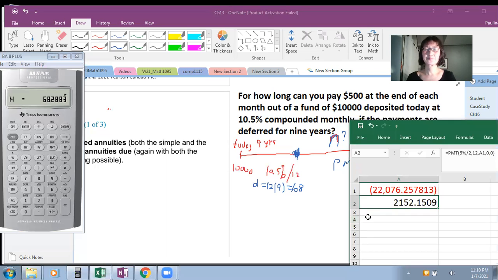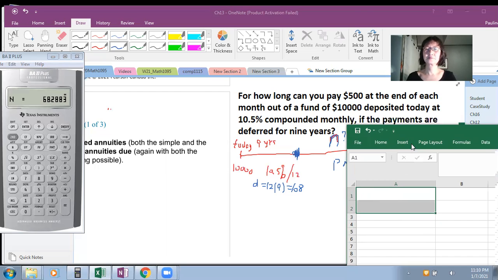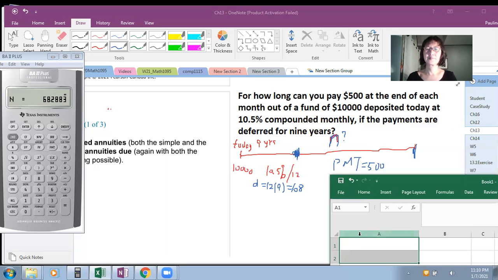Excel. So 2 steps. Step 1, calculate future value. Rate is 10.5%. Compounded monthly, so divided by 12.